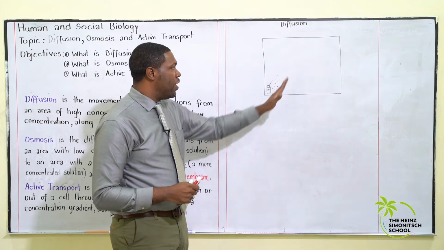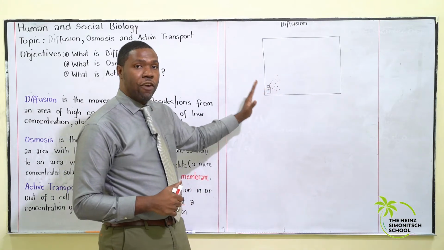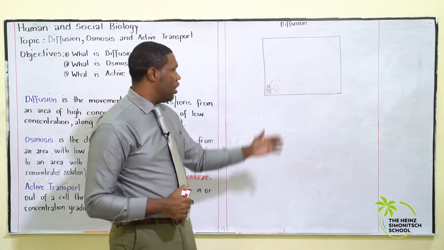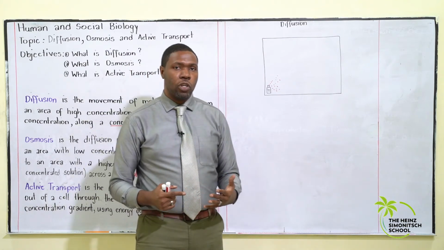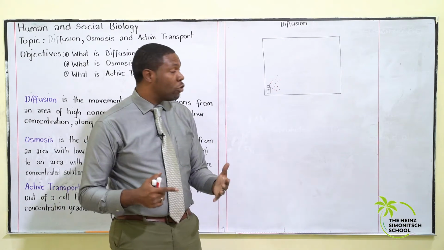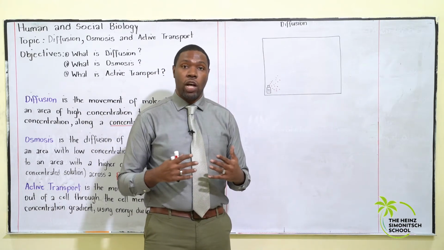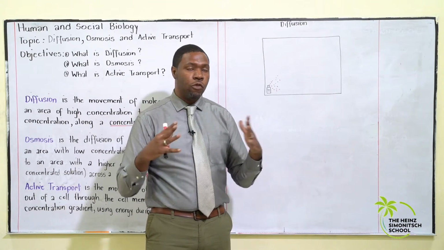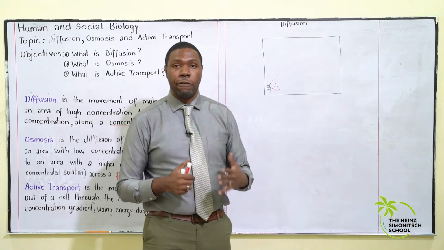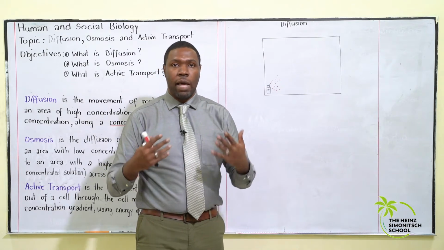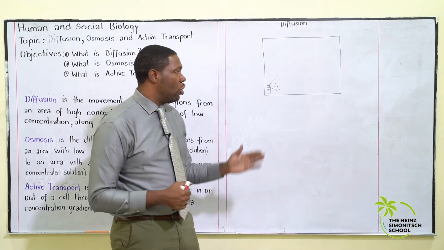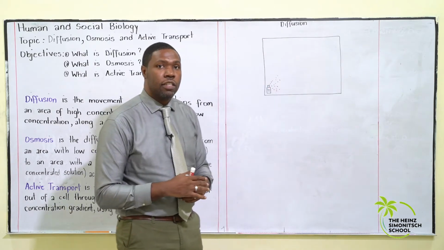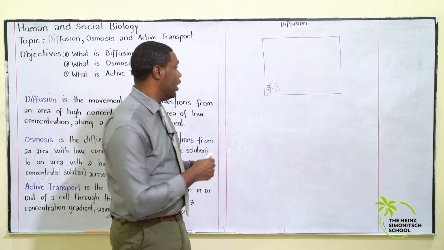Now, this area is called the area of high concentration. This is where you spray the cologne. Now, what do you think will happen after some time? That's right. The molecules or ions will continue to spread out in the room until all the room is filled with the smell of your favorite cologne or the molecules from the cologne. Now, this is the gradient, the concentration gradient.